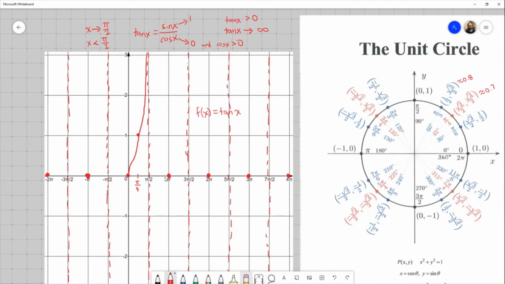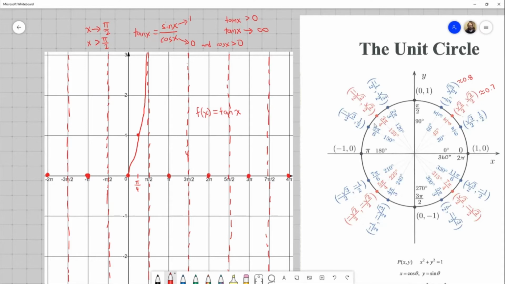All right, so now we're thinking about x getting close to pi over 2 again, but now x is larger than pi over 2. What happens when I get close to this asymptote from the right side? Our input value for our function is going to be in between pi over 2 and pi. That means that we're in the second quadrant.